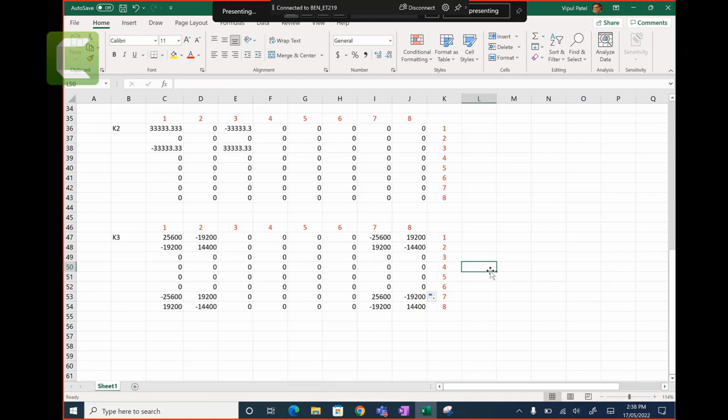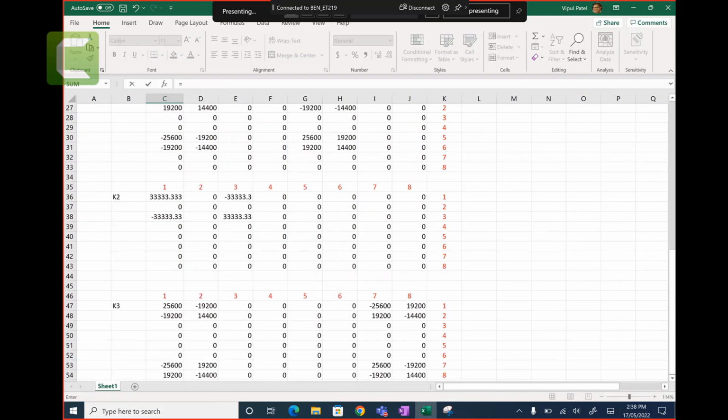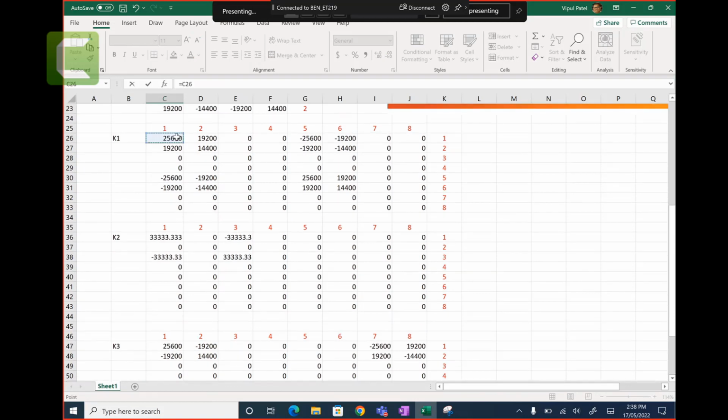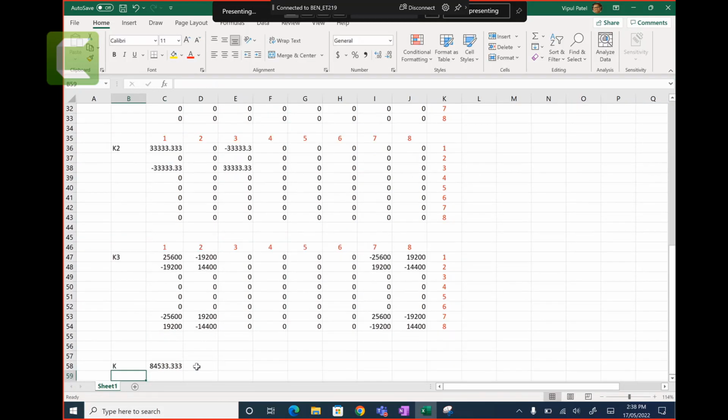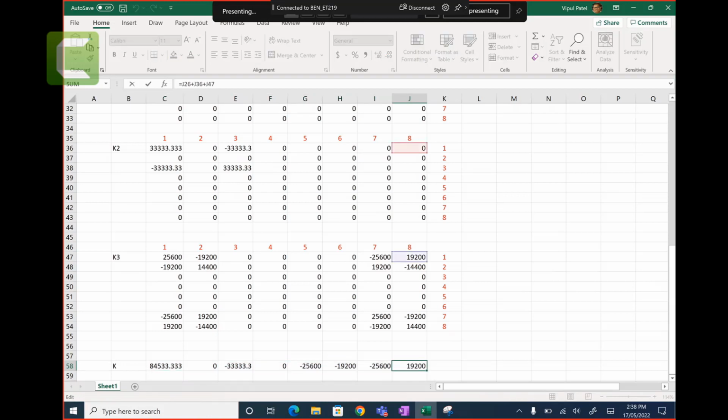All right. Now K, capital K. Just need to sum them up, right? Capital K equals this number plus this number plus this number, right? And then you just do this. Negative is going right.